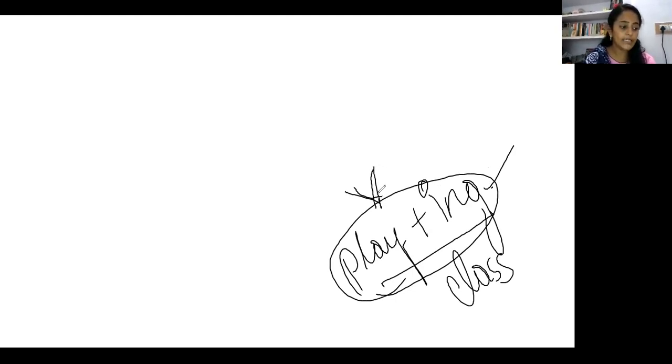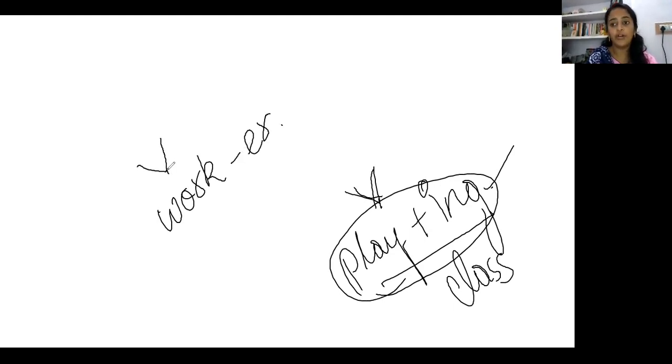But in examples such as this, look, work is a word. Work is a verb, but when I add this affix er, the word becomes worker. And what is a worker? It is a noun.